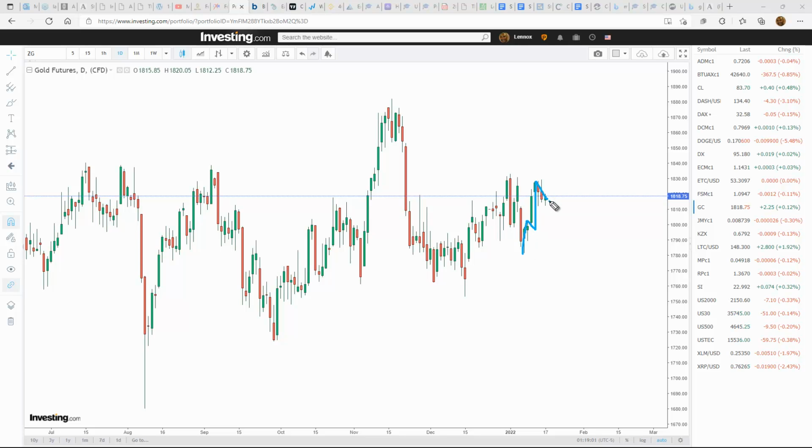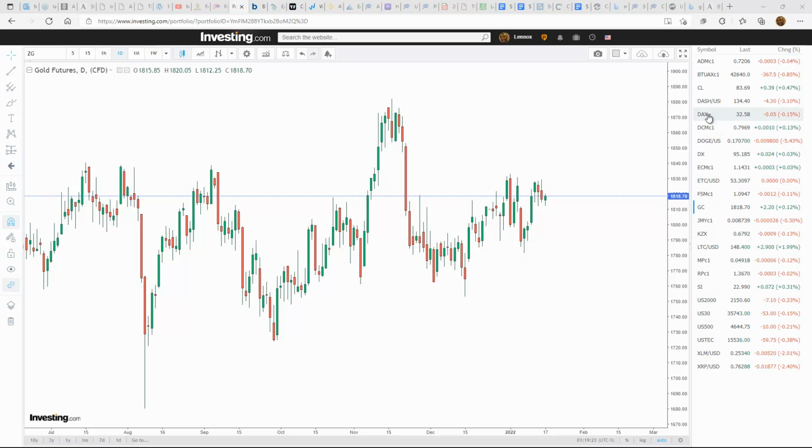On the daily, we could get that one more push, but it's just going to be trying to fight through resistance right here. So at this point, looking pretty much like we're going to get that move to the upside short term for gold.